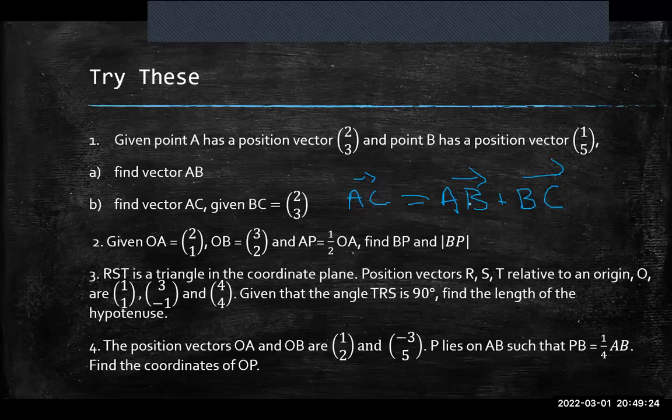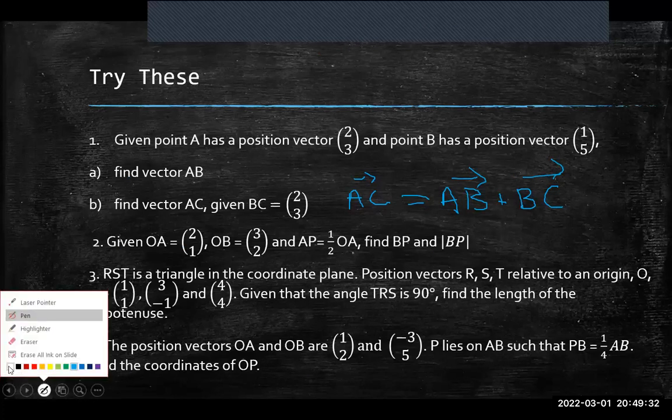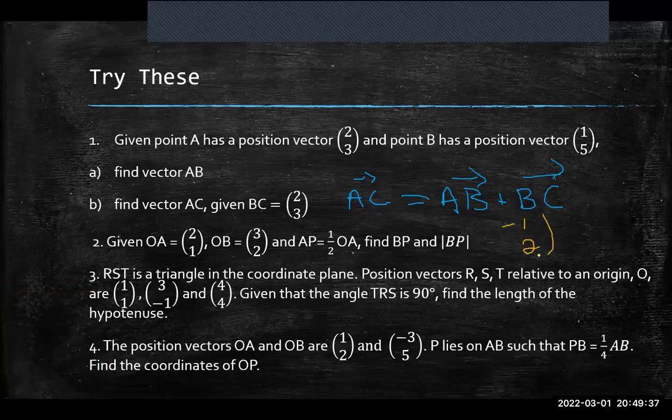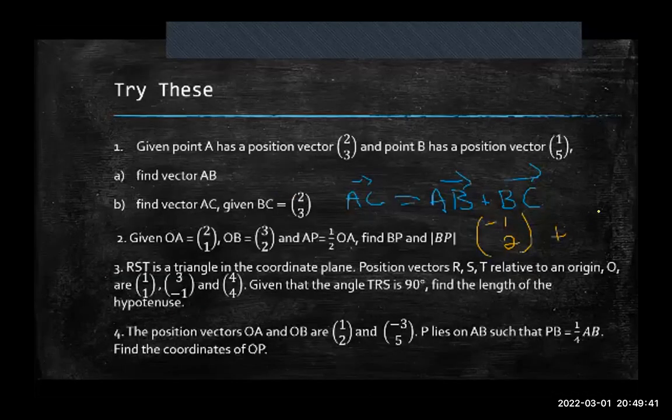They didn't tell me AB. We found AB just now. And the position vector for AB is -1, 2. So that's -1, 2 plus BC, they told us is 2, 3.